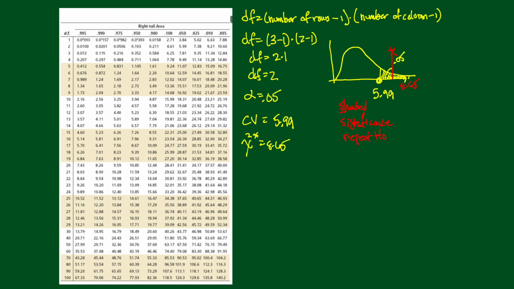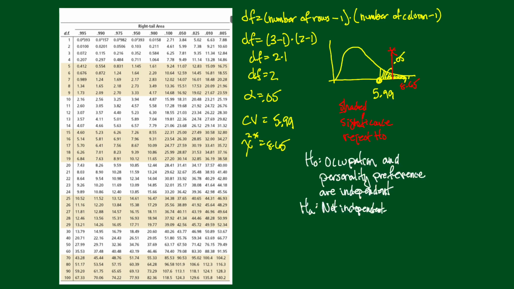Now H naught, remember, was the claim that these two criteria are independent. So H naught states that occupation and personality preference are independent. The alternate hypothesis, if they're not independent, we are rejecting H naught. We're rejecting this. This says that they are independent. We're going with this one. They're not independent.